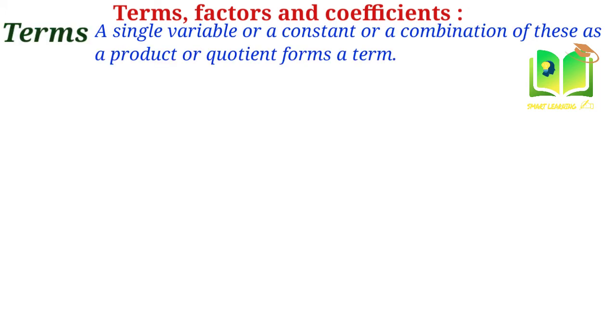Now we will start terms, factors and coefficient. Our first topic is terms. A single variable or a constant or a combination of these as a product or quotient forms a term.